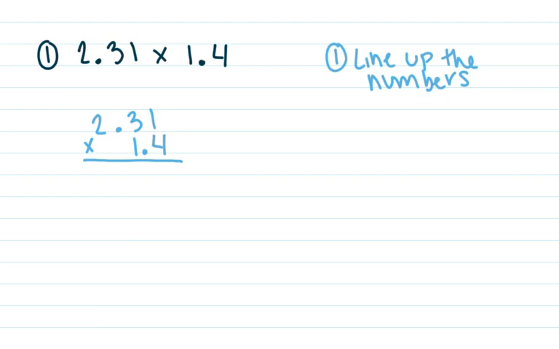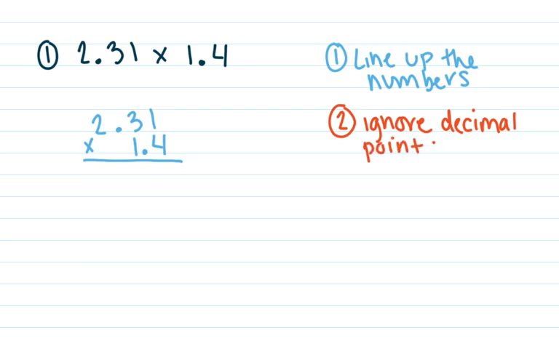Step 2 is I'm going to ignore the decimal points for right now. It's going to be really hard because you're going to want to do something with them, but you need to ignore the decimal points right now and multiply normally. So we are trying to just multiply the numbers like we normally would if this was 231 times 14.